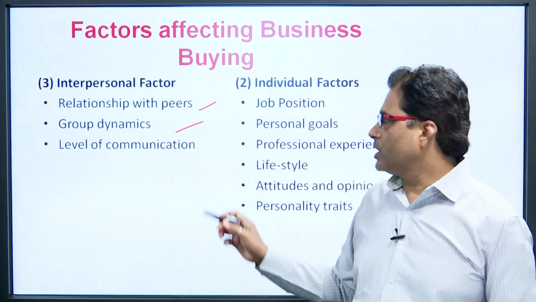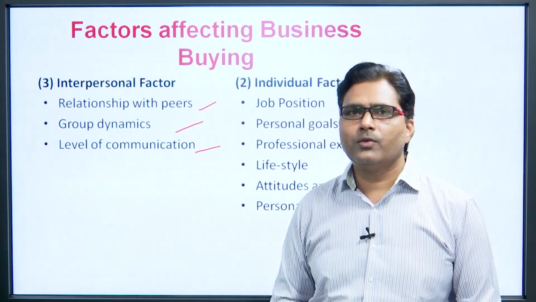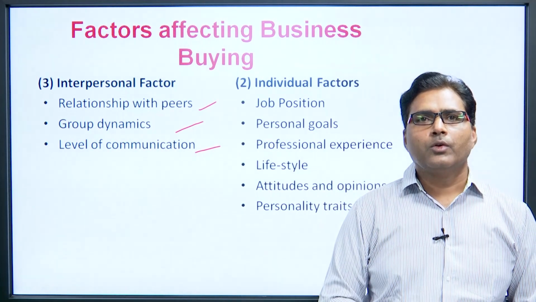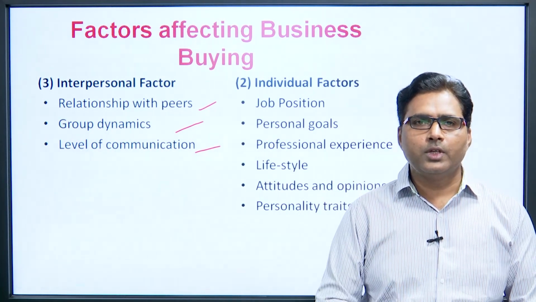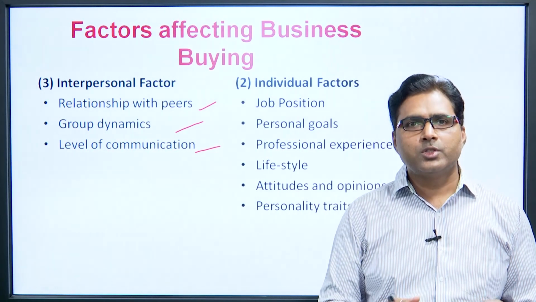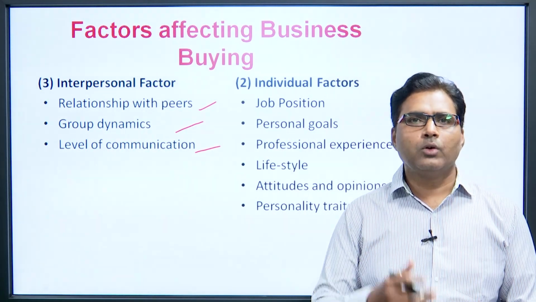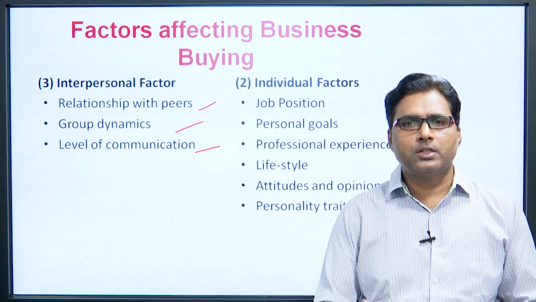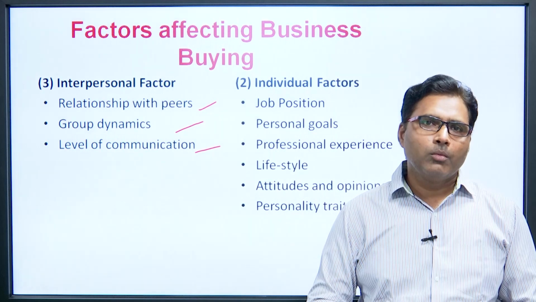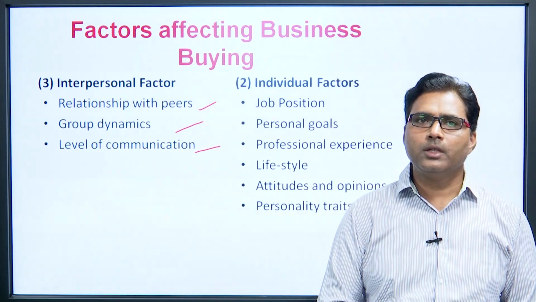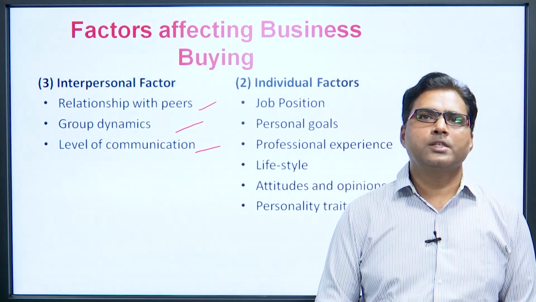The level of communication: if the communication level is good enough and there are fewer barriers between the different levels of the hierarchy, then the kind of information that flows from the low level to the upper level may be different from an organization where there are more barriers. So, different kinds of buying decisions can be taken by these two kinds of organizations.